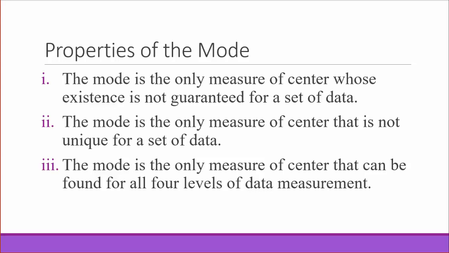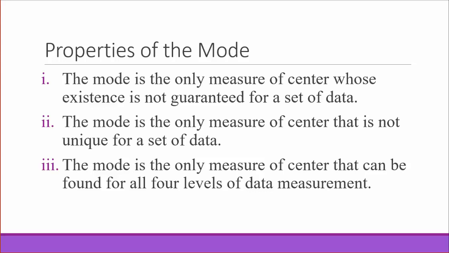So if we're given nominal level data, where the data is just words, the highest frequency data value could be a word, and that word would be the mode. All right. So the mode can be used for all 4 levels of data measurement. It's the only measure of center that has that property.